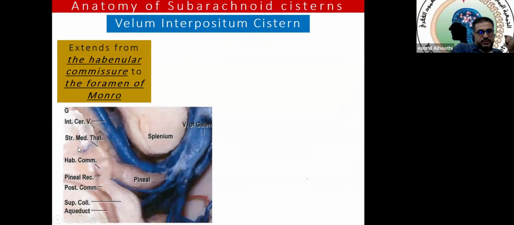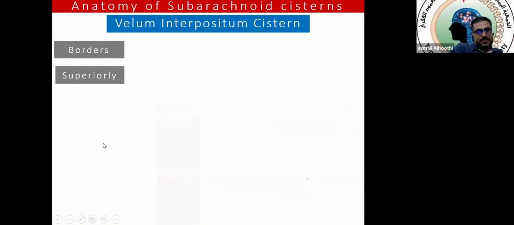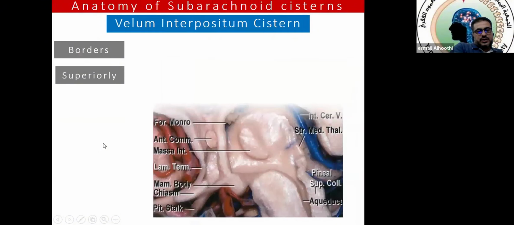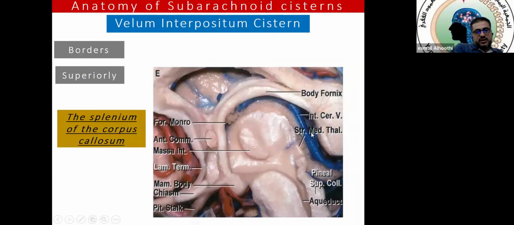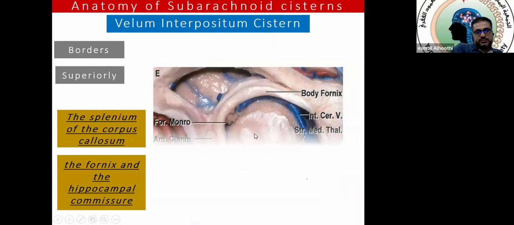This is the habenular commissure and it goes anteriorly to the foramen of Monroe. It is bounded superiorly by the splenium of the corpus callosum here, and the fornix and the hippocampal commissure.